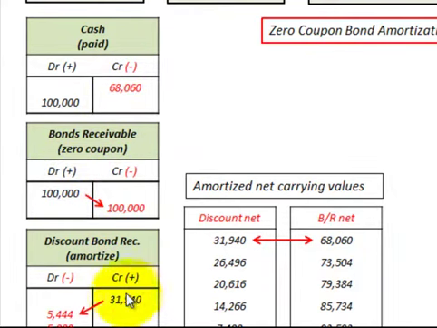So we need a balancing entry between the cash account and this bonds receivable account. And here's where we use a discount to bonds receivable. It's a contra account, or it reduces our bonds receivable account. We would credit that for $31,940. So that credit of $31,940 plus the credit to cash of $68,060 balances with the $100,000 debit balance to bonds receivable.